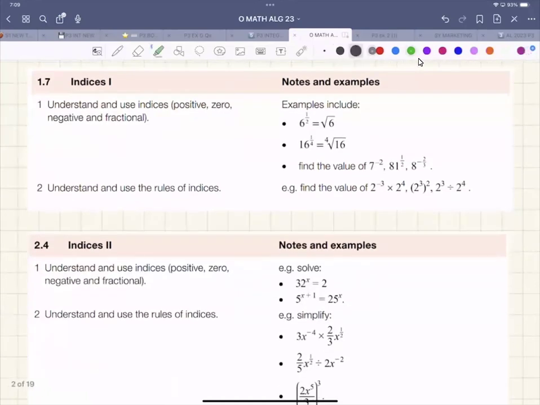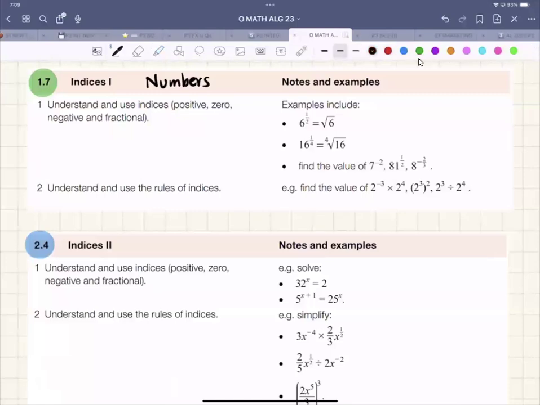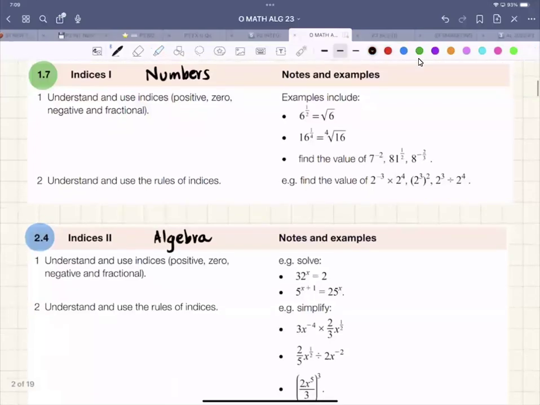Now indices is considered part of numbers, that is arithmetic you can say, and indices is also considered part of algebra. So it's divided into two parts and we will study it all together. Now the concept related with numbers: understand and use indices, positive, zero, negative and fractional.